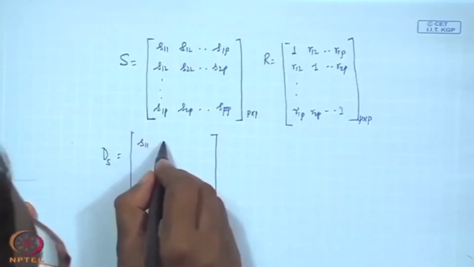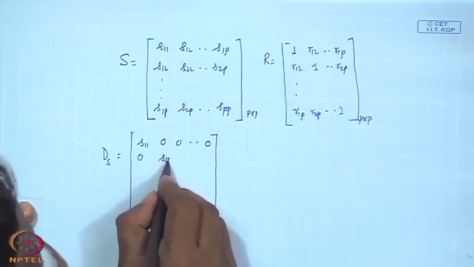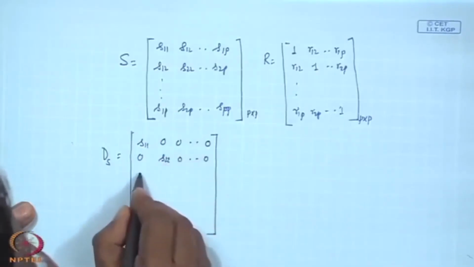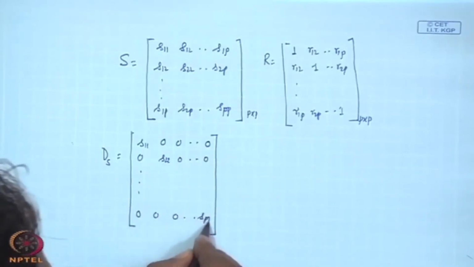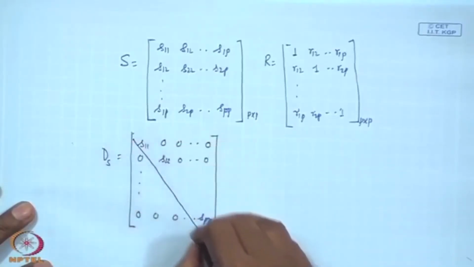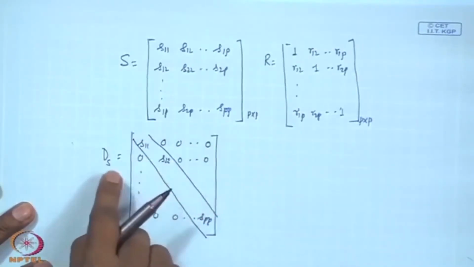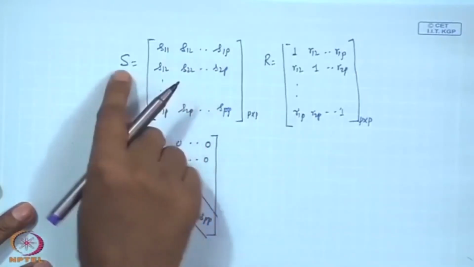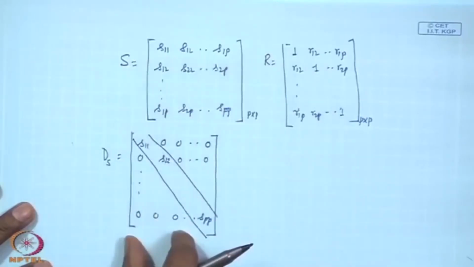So, this is S11, 0, 0, 0; 0, S22, 0, 0; and so on up to Spp. Only the diagonal elements of DS are the diagonal elements of the covariance matrix, and the off-diagonal elements are 0.